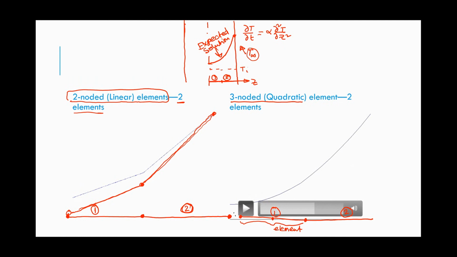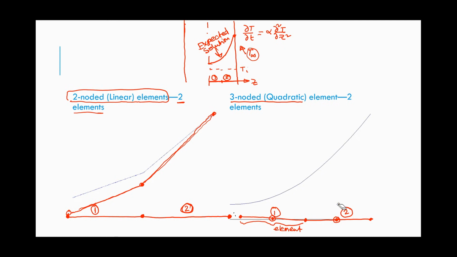The big difference that you see is because we had the extra node in between the two end nodes in the element. It allowed the interpolation to be quadratic and not just a line, because of this extra degree of freedom.